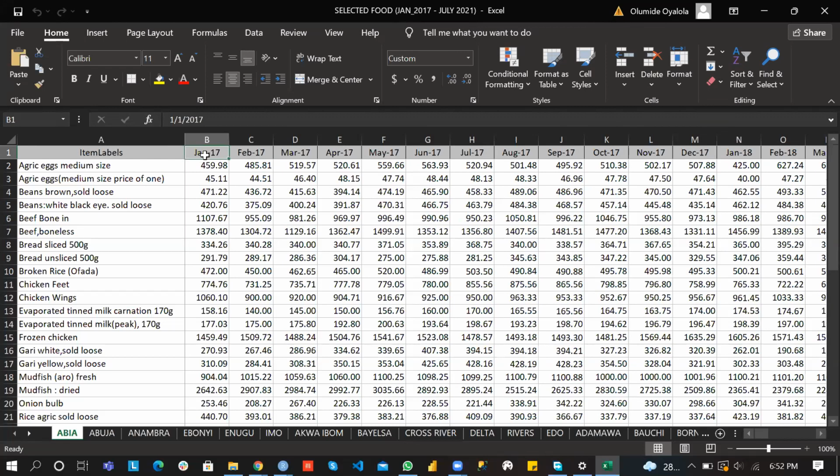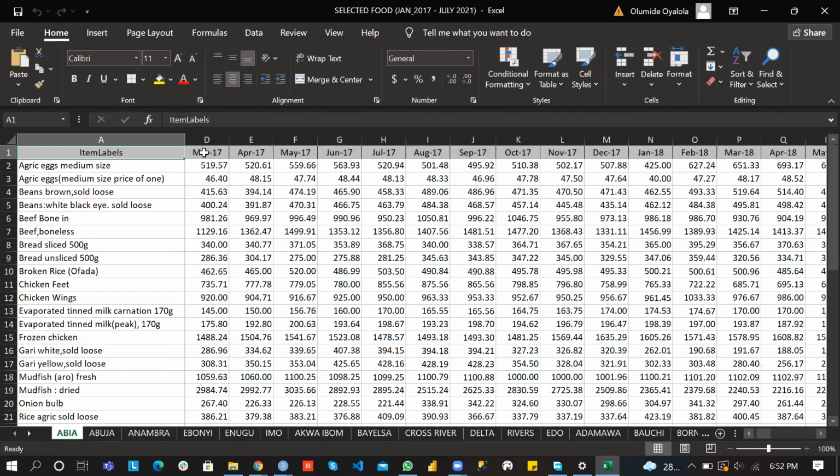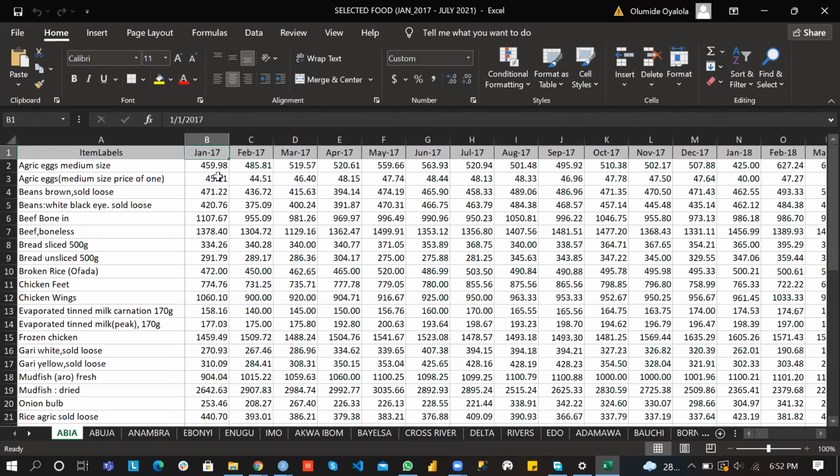So this data set is not currently tidy. It's not tidy because this information on the columns is meant to be a value in a variable. And that is one of the reasons why I made mention of tidy, because in most cases, the data set that you have is not going to be in the appropriate form in which it is useful.